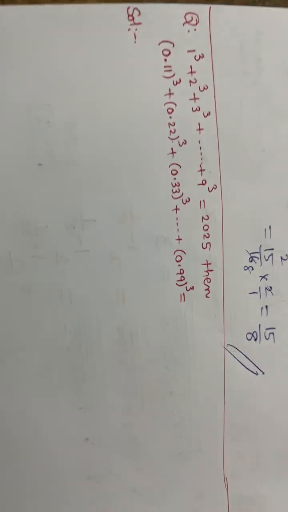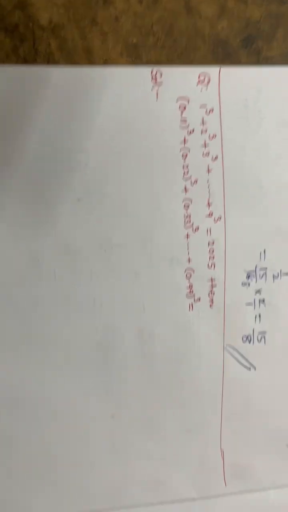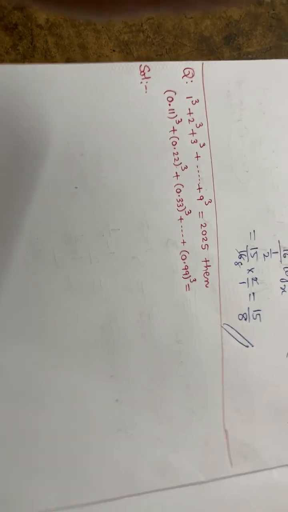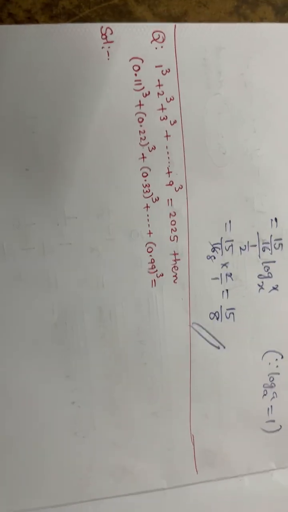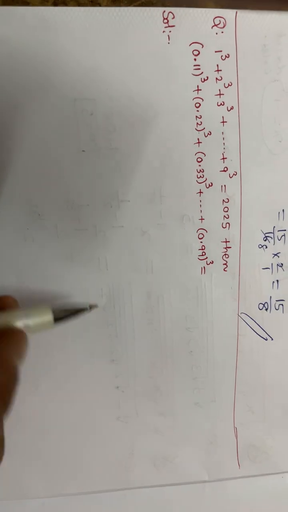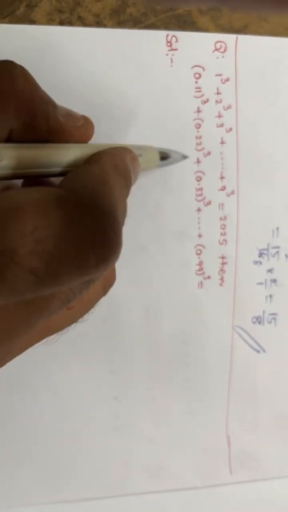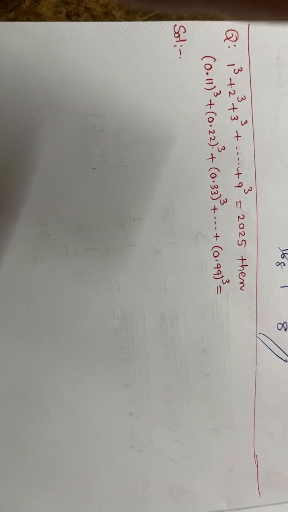Dear students, for your convenience, I'm putting it like this. So 1 cube plus 2 cube plus 3 cube and so on 9 cube, the value is given now.